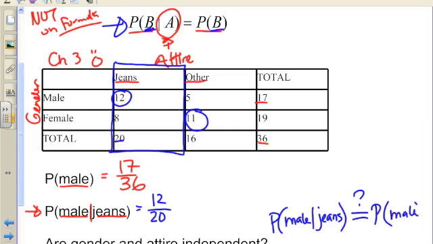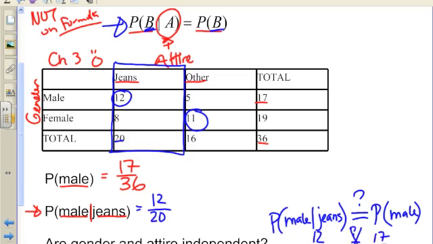Now you see why I asked those specific questions. So is 12 out of 20 the same as 17 out of 36? Well, no, it's not. So the answer to this, are gender and attire independent, is no.